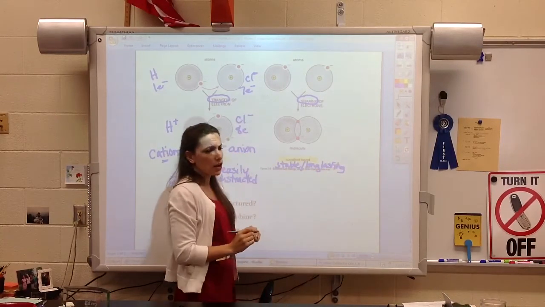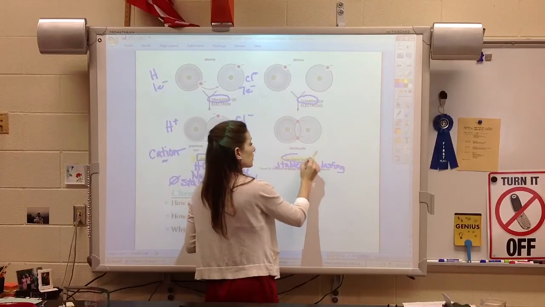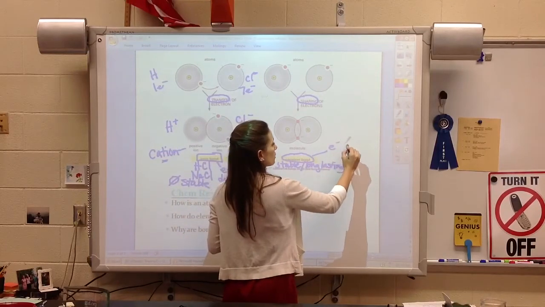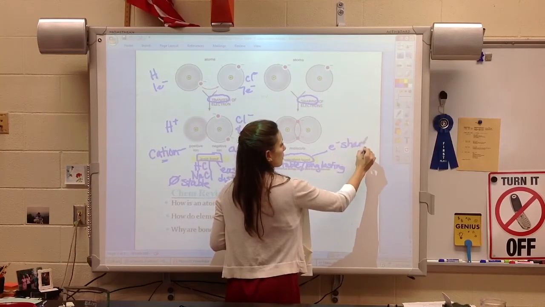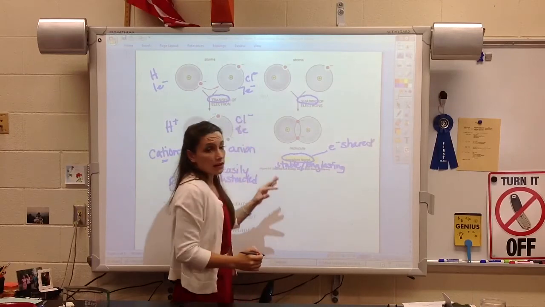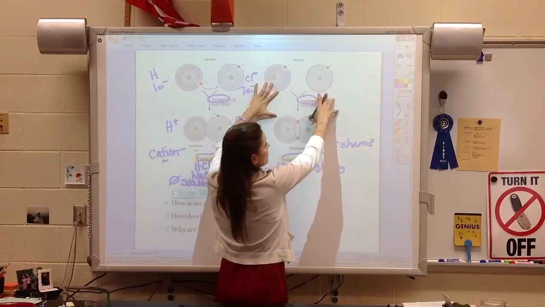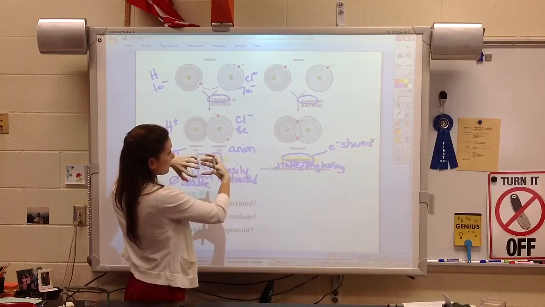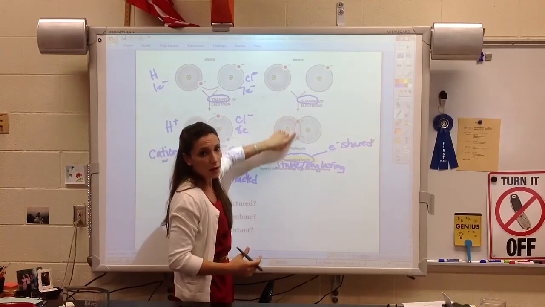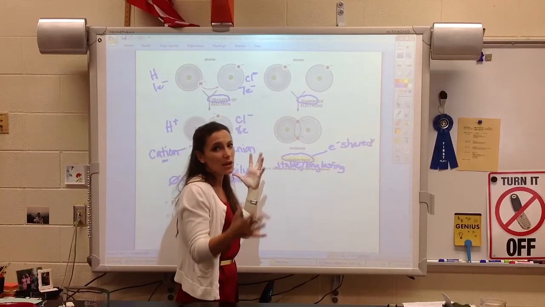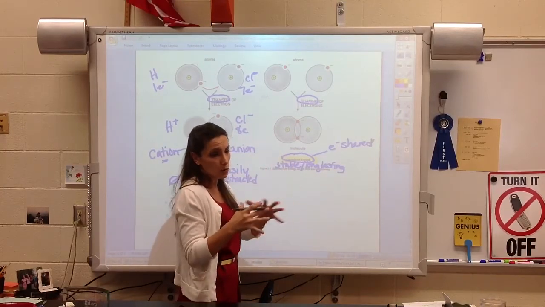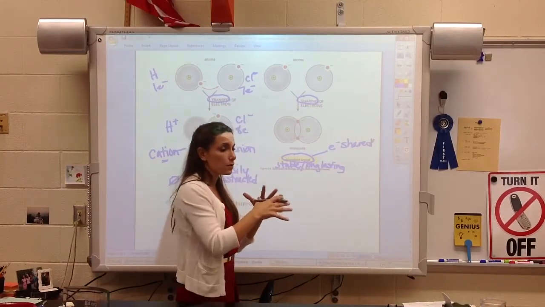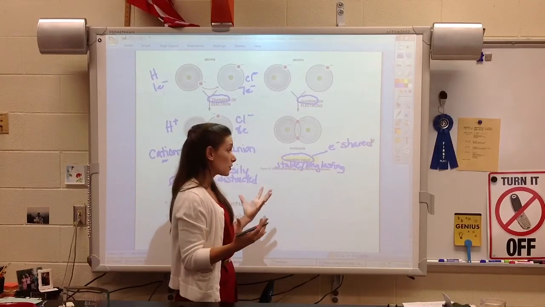So what is a covalent bond? A covalent bond is when the electrons are shared. So I've got two atoms, and instead of one giving and then being negative and positive and attracting, they're just going to share, meaning the electrons spend time in both of the atoms' orbitals, back and forth, not necessarily one place or the other.